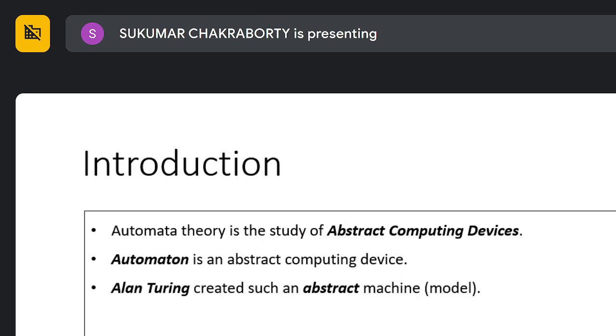Just a quick brief history of how these things came into the picture. This was started by one genius called Alan Turing. I'm sure that you all have heard of this name, Alan Turing. He is famous for various reasons, but his most valuable contribution in the field of mathematics is this automata theory.